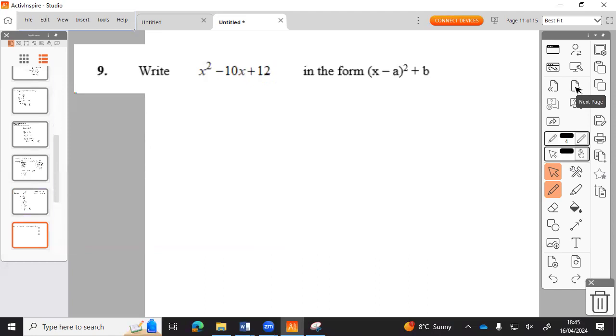All right. Writing a trinomial in the following form is completing the square. It's just a technique that we need to be aware of. Remember, that gives us the turning point if we're drawing out something, but I'm not doing that. We just need to complete the square.